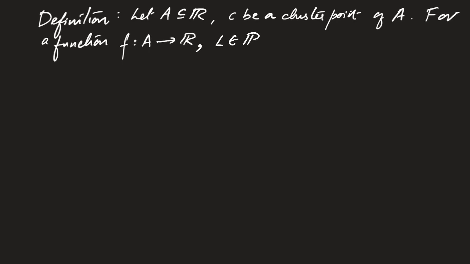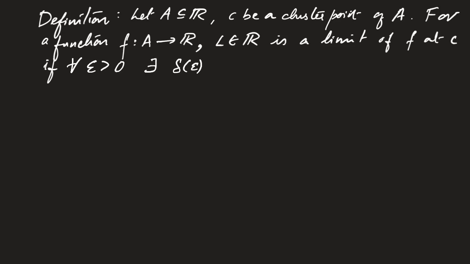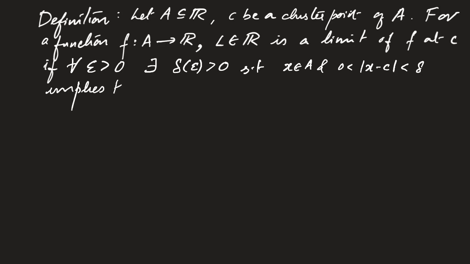L belonging to R is a limit of f at c if for every epsilon greater than 0 there exists a delta, which depends on epsilon, greater than 0 such that x belongs to A and 0 less than mod of x minus c less than delta implies that mod of f of x minus L is less than epsilon.